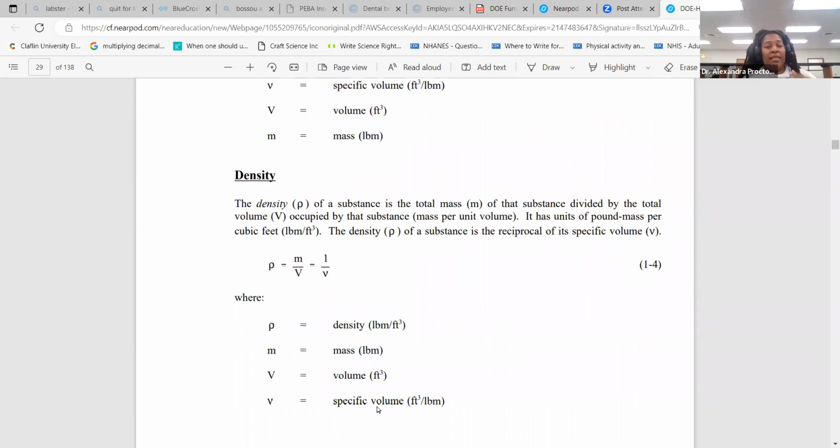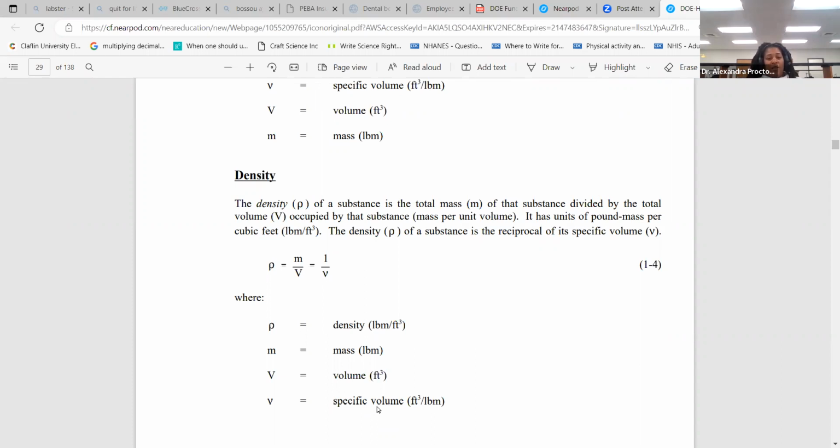And so they're defining these variables here. So anytime you learn an equation, you need this bottom part as well. All right. So density is pound mass per cubic foot. Mass is pound mass. Volume is in feet cubed, right? Because we know that volume is a cubed unit.